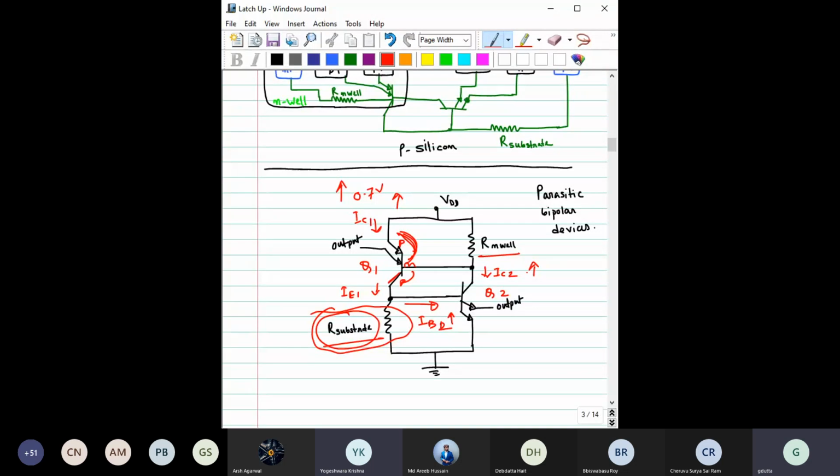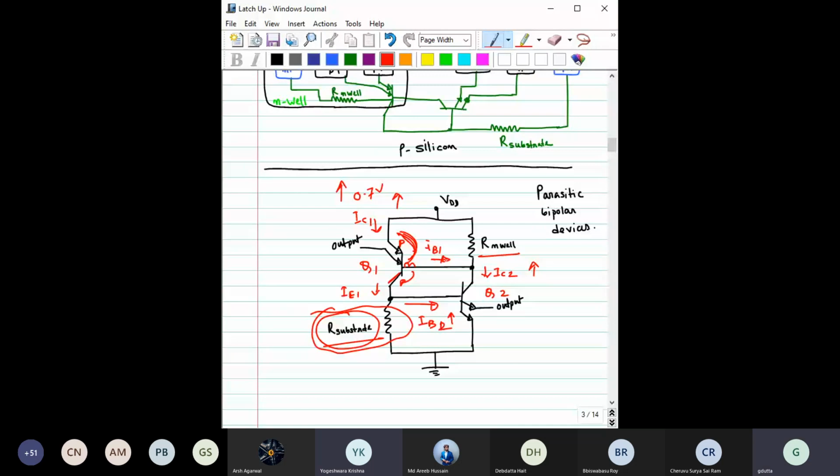If this IC2 increases, then it has to flow through some region, right? Can it flow through this RN? Well, yes, some part, but it will try to find some other path as well. It will see that there is one alternative path, which is IB1.